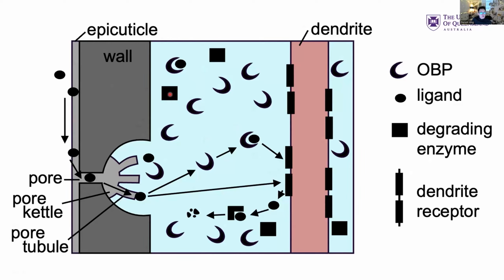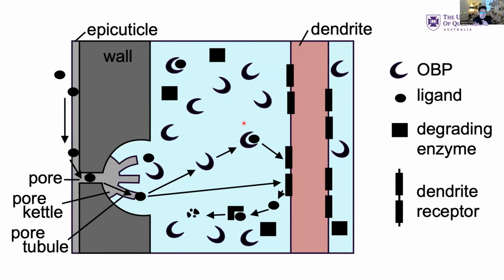They can also protect these ligands from getting degraded non-specifically. And of course, they can also transport the ligands to specific receptor sites, right? So OBPs, because there's also a subsequent diversity of them, they can contribute to some level of selectivity, right? Different OBPs can bind to different classes of ligand.